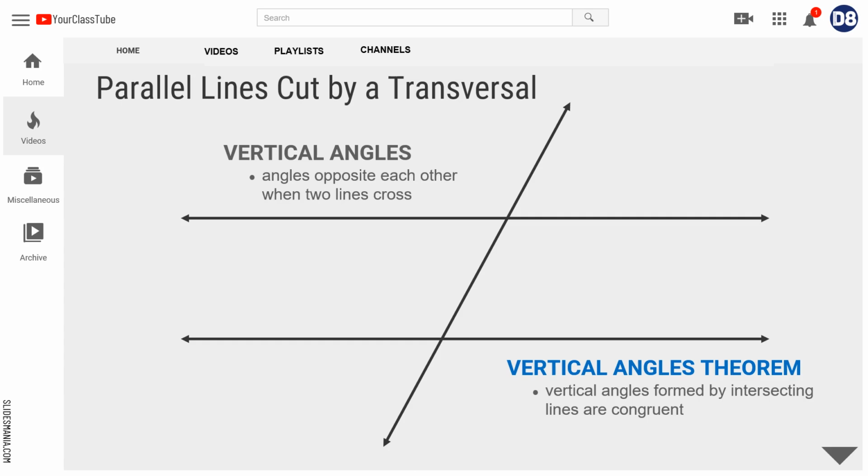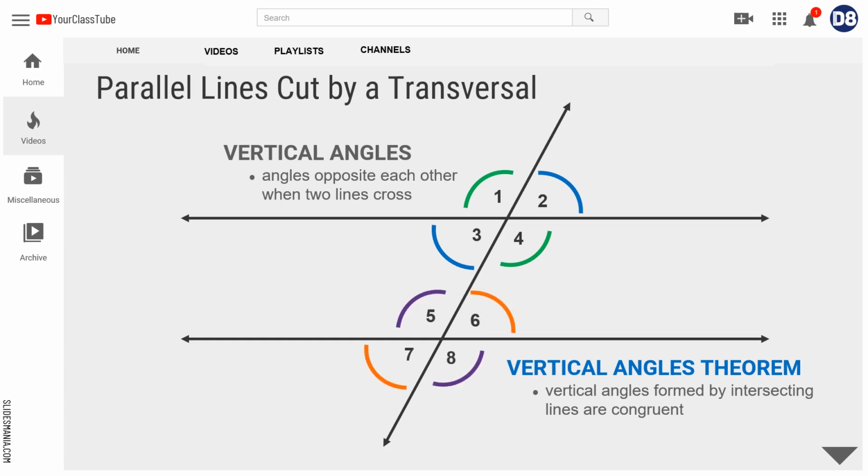So, let's first identify the vertical angles in our parallel lines cut by a transversal. It is color-coded. Angle 1 and angle 4 are partners, they are vertical angles. They are opposite each other. And then, angle 2 and angle 3 are vertical angles. Below, it's the same.